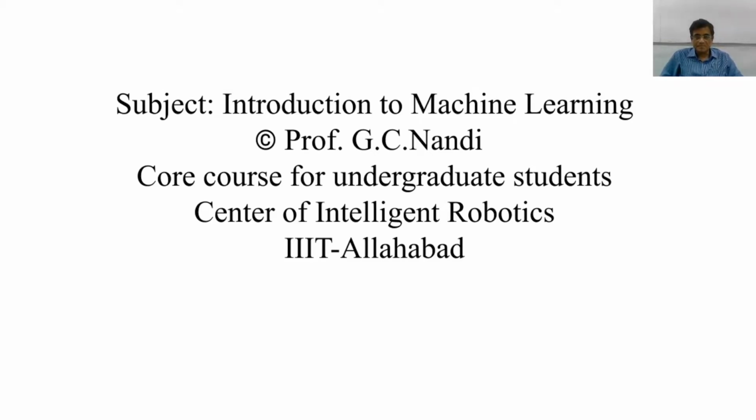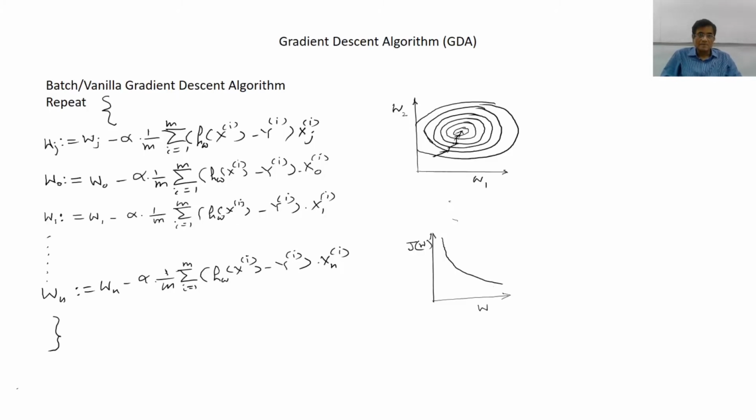This is lecture number 10, and we are discussing, in a formal way, the gradient descent algorithm and basically the three variants of the gradient descent algorithm. As you know, gradient descent is the heart of machine learning optimization techniques. In a machine learning model, for example our linear regression model, we have one objective function.